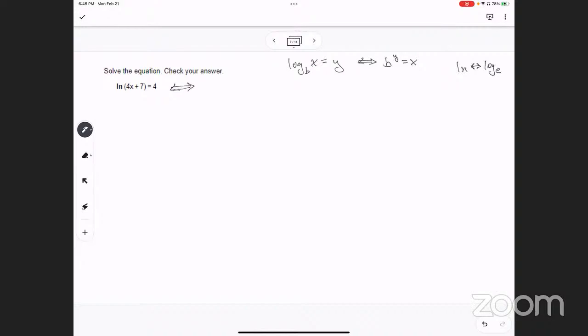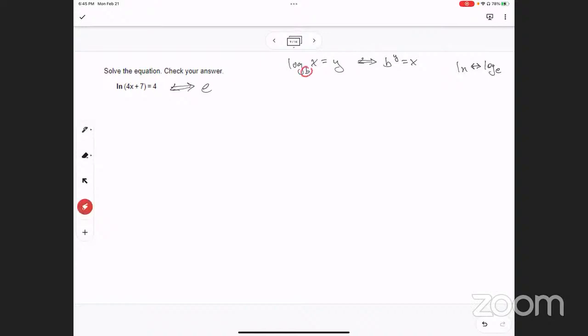That's what ln means. It means log base e. So if I convert this, what's the base of this equation, ln of 4x plus 7? What's the base of ln? Oh, e. So I write e to the what?